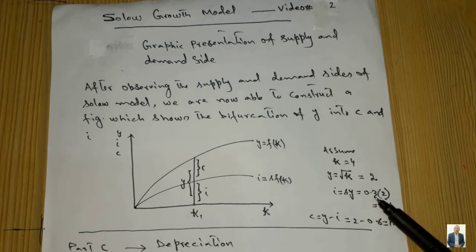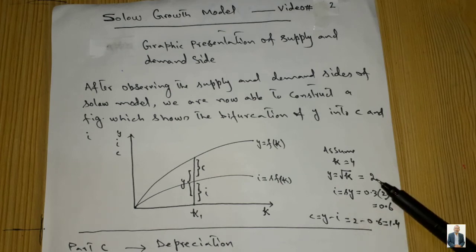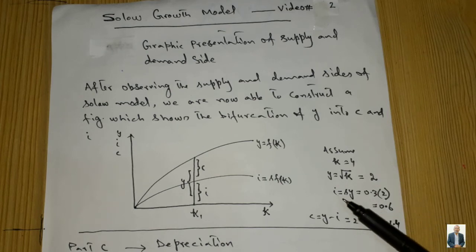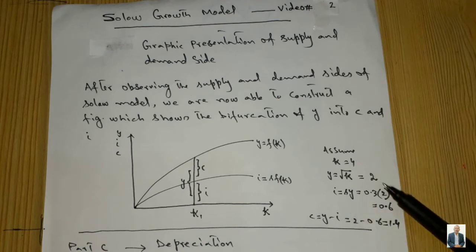So 0.3 multiplied by 2 is equal to 0.6. So 0.6 is the investment. Out of Y equal to 2, you are investing 0.6, and the remaining, meaning C, is equal to Y minus I. So 2 minus 0.6 is equal to 1.4. So 1.4 is the remaining.